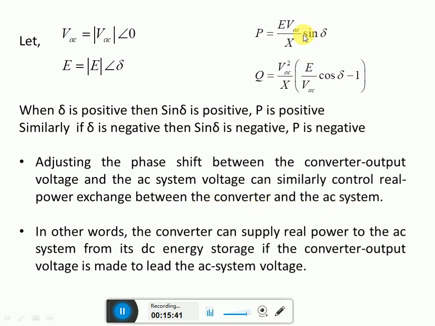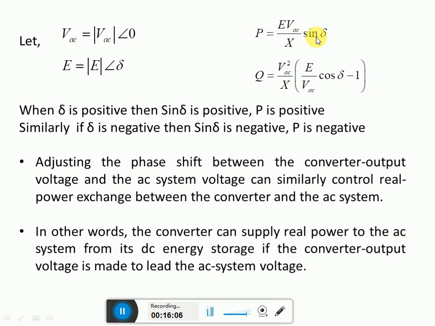As I said here, if delta is positive and delta is negative, what does that mean? When delta is positive, E leads the voltage by angle delta, and delta negative means E lags the system voltage, which is VSC, by angle delta.